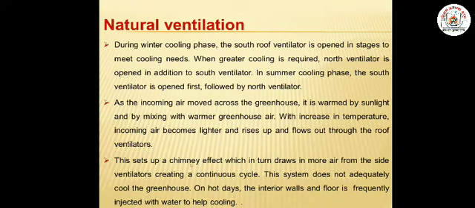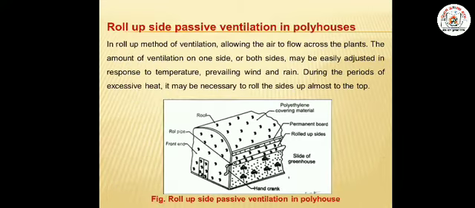This sets up a chimney effect, which in turn draws in more air from the side ventilators, which creates a continuous cycle of air. This system does not adequately cool the greenhouse. On hot days, the interior walls and floor are frequently sprayed with water to help with cooling. So this is about natural ventilation.